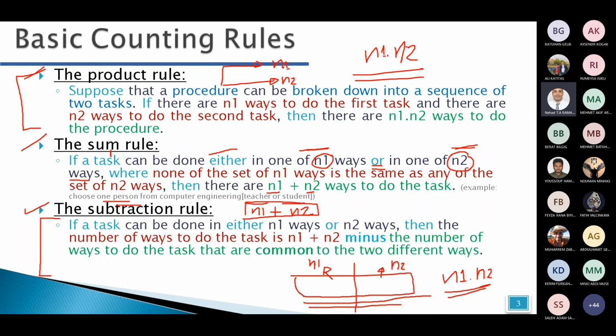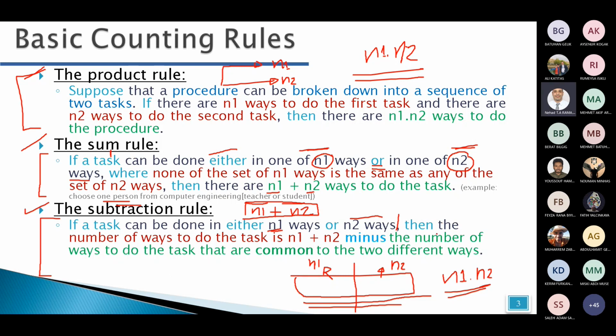So the subtraction rule, actually, is very similar to the summation rule. The difference is when we have a shared way between n1 and n2, or a common way between n1 and n2. So if a task can be done either using n1 ways or n2 ways, until here, it's the same as summation.